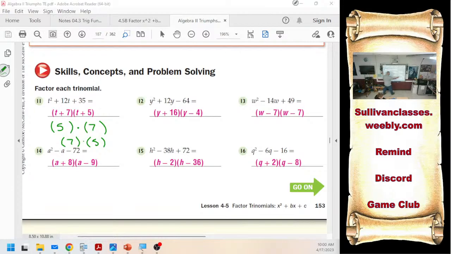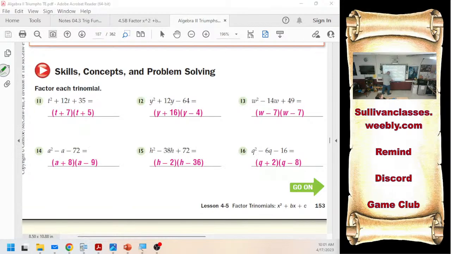So here's what I mean. Over here, you could not say q plus 8, q minus 2, because now you didn't say the same thing in a different order. You said a completely different thing. So as long as they're the same binomials, the order will not matter.